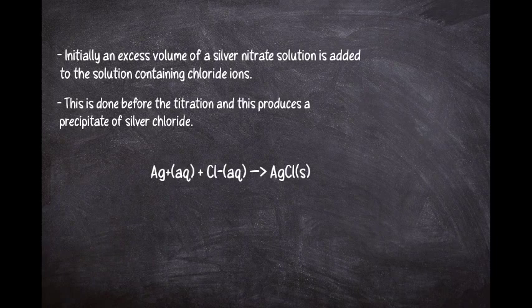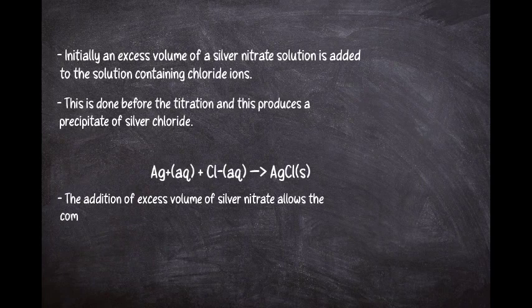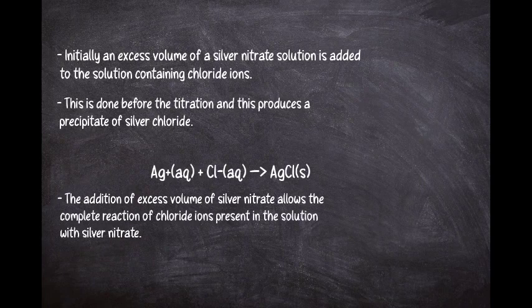By adding an excess volume of silver nitrate, we ensure that all chloride ions in the solution react with silver nitrate. This prepares the stage for the subsequent back titration with potassium thiocyanate.